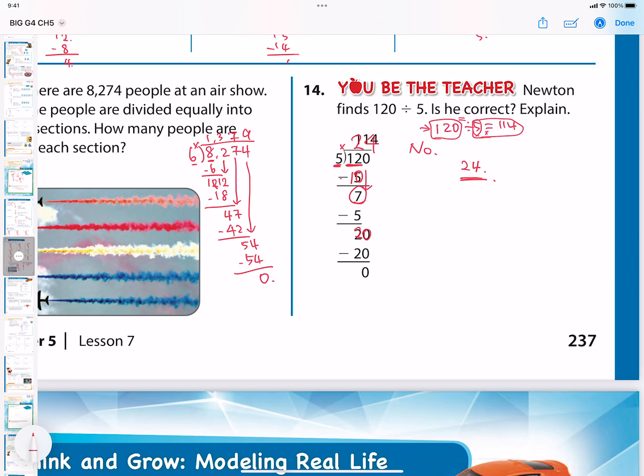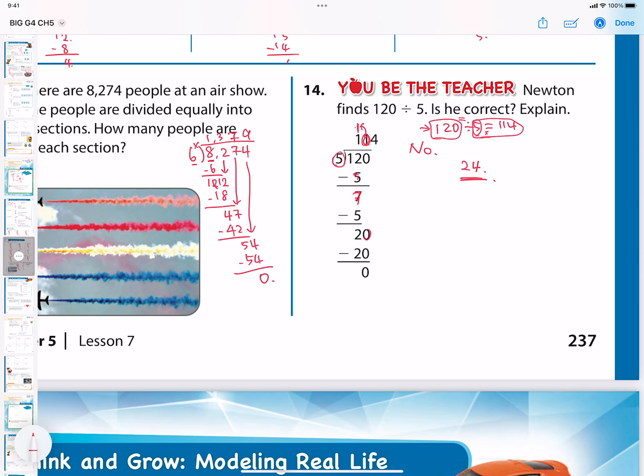So you have to work with the same place value. Okay, so this one, I'm going to erase it for now. This 1 after 1, look at this. 5 times 1 is 5, and then 7. You still have something to fit in, right? Because this divisor 5 can still fit into 7 by 1 again. So this 1 should go up there, okay? And then you need to work it together, which is 24.